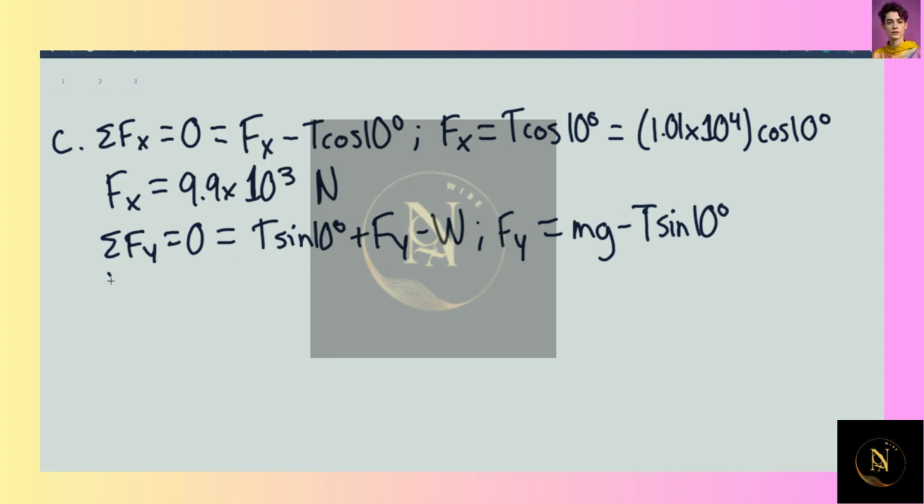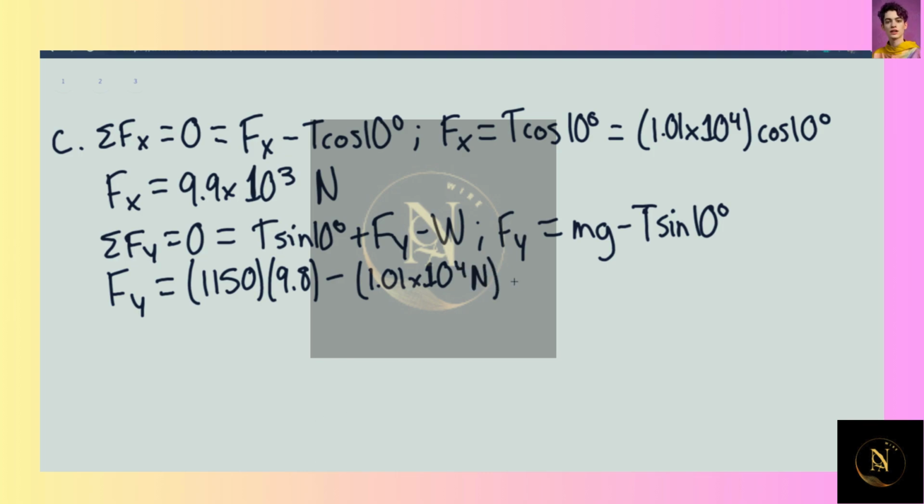So we can say that F of y is going to be equal to 1,150 times 9.8 minus 1.01 times 10 to the 4th newtons times sine, apologies, of 10 degrees. And this is equaling 9.5 times 10 to the 3rd newtons.